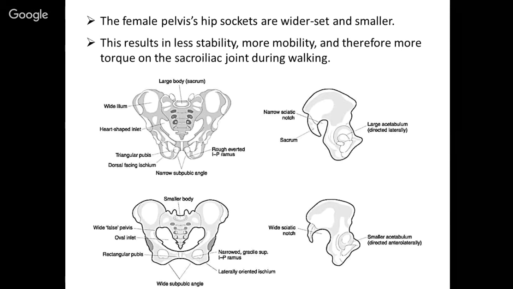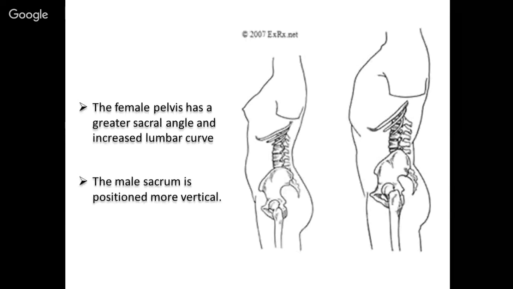You could sort of think of the difference between a bowl and a teacup. The man's is more like a teacup, where it fits deeper in and with smaller sides. And in the female, it's more like a bowl, so there's a lot more play and range of motion. So this is going to lead to more mobility in general.